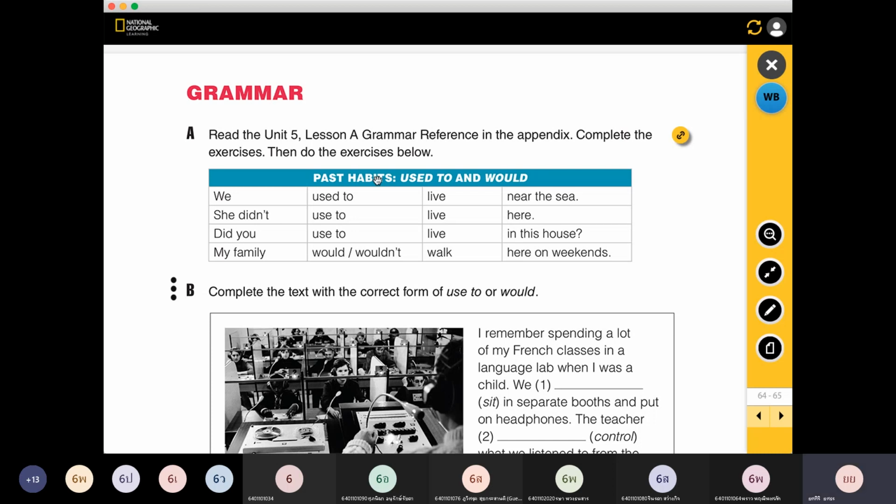That's just the word used as a verb, to address the act of using something. But used to here metaphorically refers to habits.